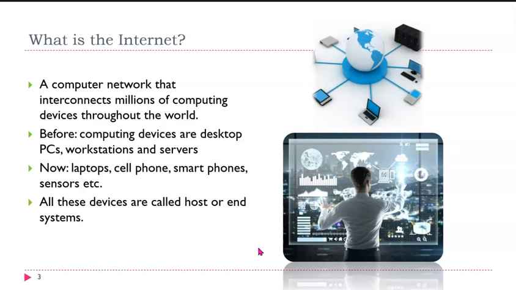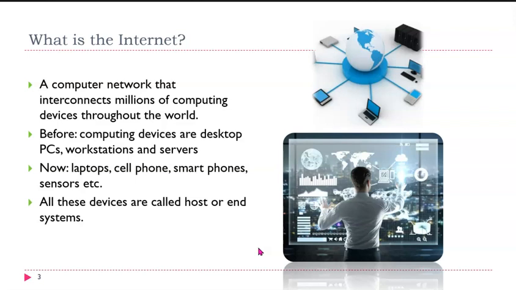Basically, the definition of the internet is a computer network that interconnects millions of computing devices throughout the world. Before this, the computing devices were just desktop or personal computers, workstations and servers. But now it has evolved, with billions of things that can be connected to the internet, for example laptops, mobile phones, and sensors, and these sensors make up the Internet of Things.